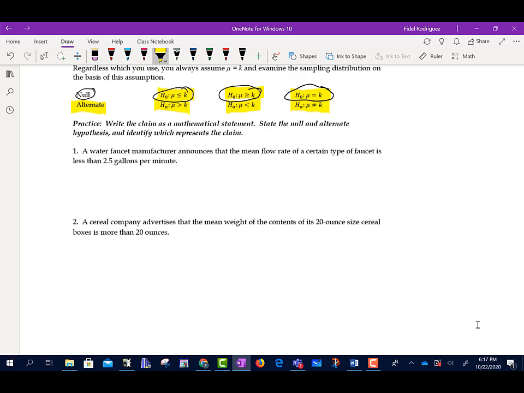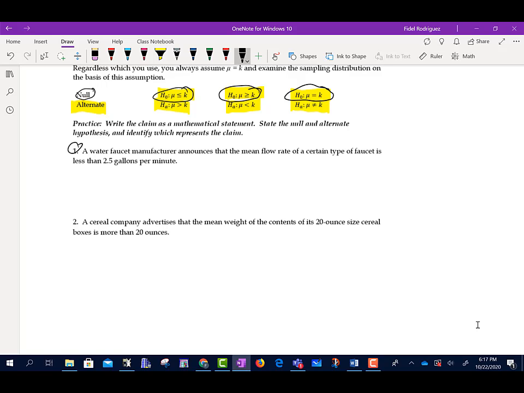So for the first couple of problems here, we're going to write the claim as a mathematical statement. We're going to state the null and the alternate hypothesis and identify which represents the claim. Reading problem number 1, it says a water faucet manufacturer announces the mean flow rate of a certain type of faucet is less than 2.5 gallons a minute.